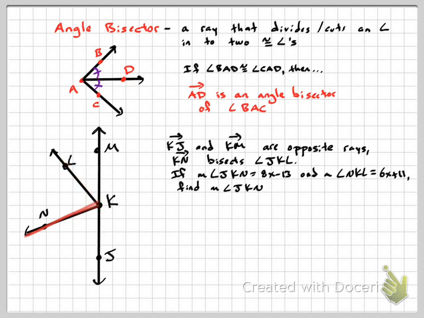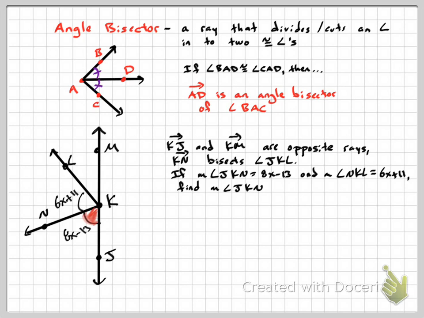Okay? So if JKN is 8x minus 13, and NKL, which is here, is 6x plus 11, it's asking us to find the measure of JKN, which is, again, this little one in red.